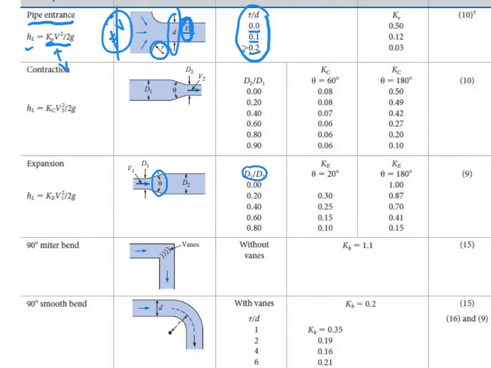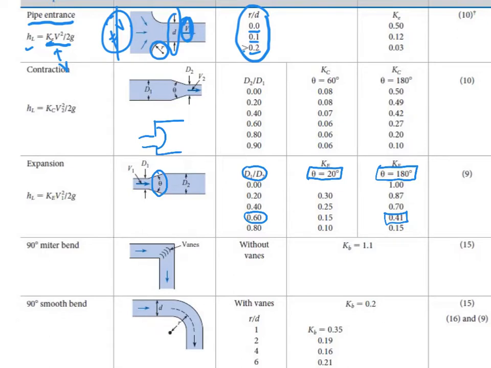But in this class, we've only got two possible angles for theta: 180, which would be when it does this, and 20, which is more like what they've drawn in their picture. And then it's just d1 over d2. So if d1 over d2 is 0.6 and it's 180 degrees, then that's your K value.